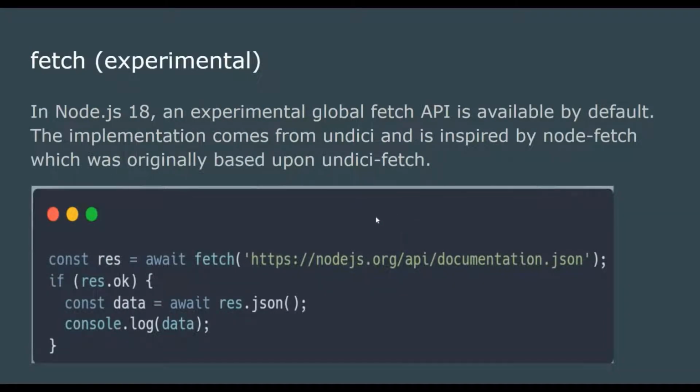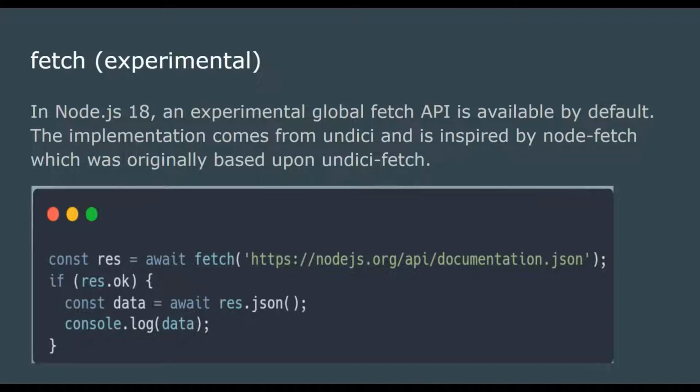The first exciting new feature introduced in this Node.js 18 version is fetch. In experimental mode, fetch is now supported as a built-in feature in Node.js. That is an exciting announcement.